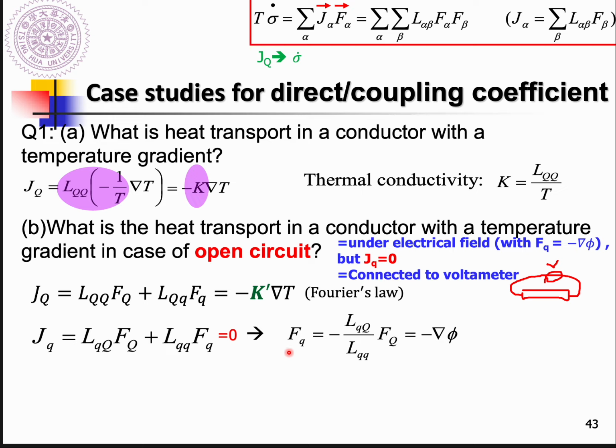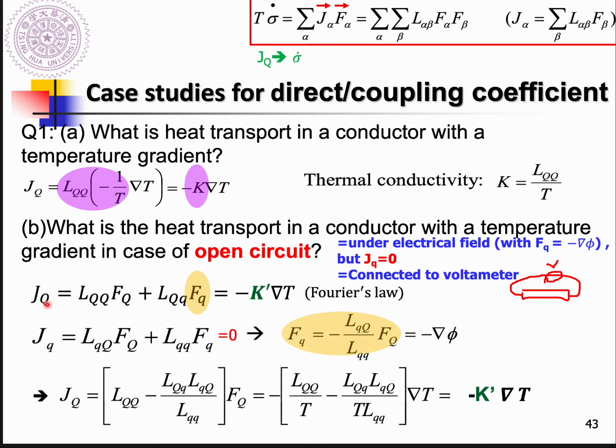And as you know, F small q equals minus the electrical potential gradient, right? So now what we do next: this is F small q, right? Substitute F small q here with this one and take the same part F capital Q out. So we rewrite the heat flux, which can be expressed like this.